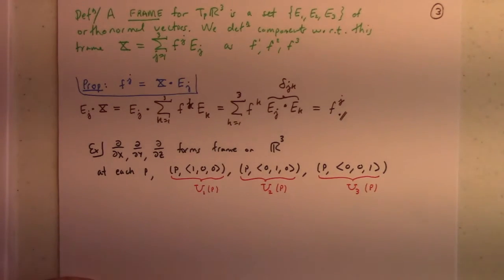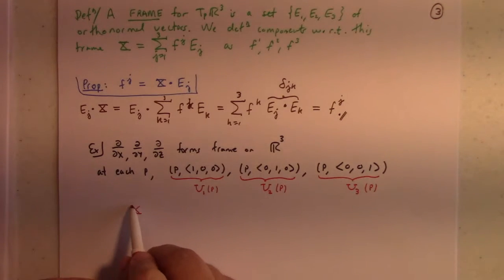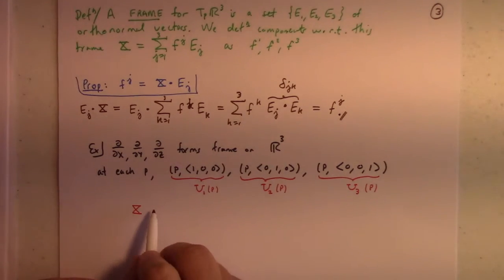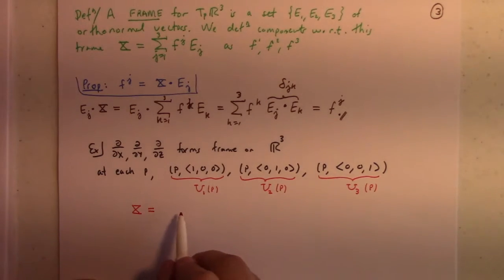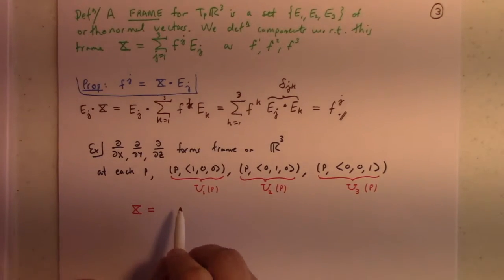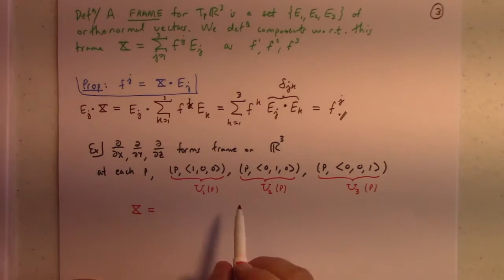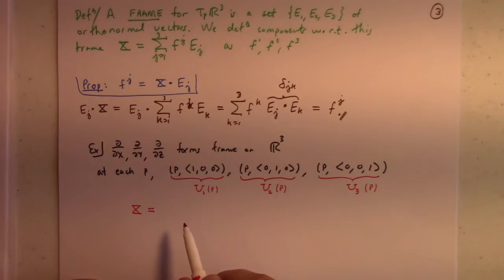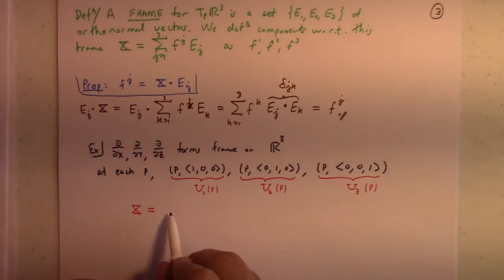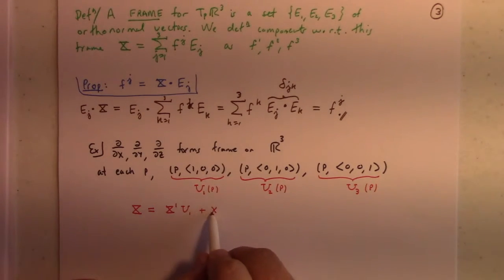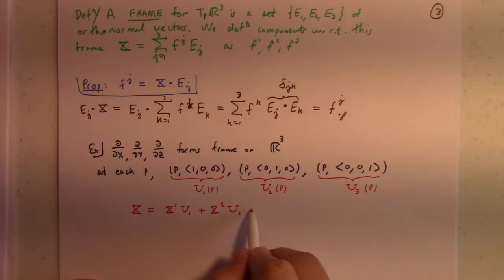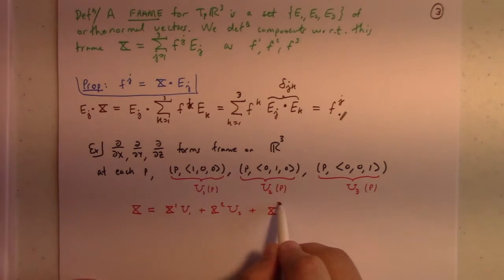So there you go, that's the Cartesian frame. And in this case, if I had X, then in fact, you could write x1 u1 plus x2 u2 plus x3 u3.